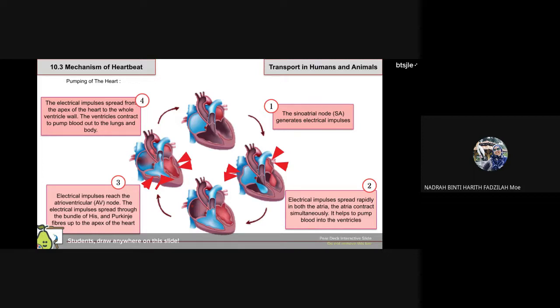In the AV node, impulse turun pergi ke bundle of His and then pergi ke Purkinje fiber. Itu dia punya pergerakan impulse. Okay, so this, as I mentioned before, this slight delay kena converge dekat AV node, turun bundle of His dulu, membolehkan darah daripada atrium berpindah atau move completely from atria to the ventricle.